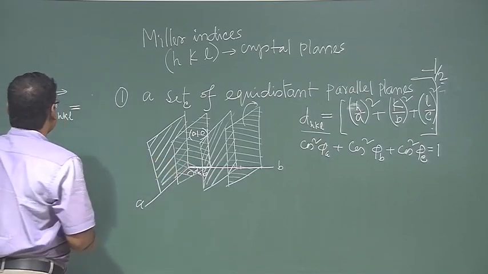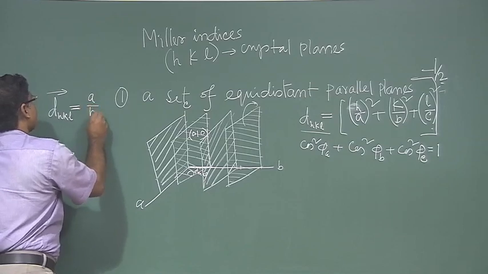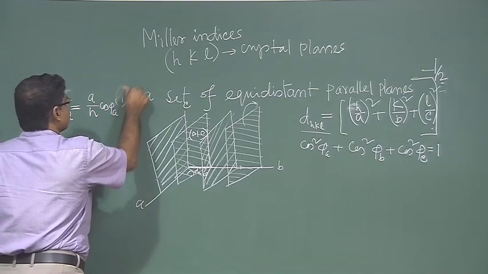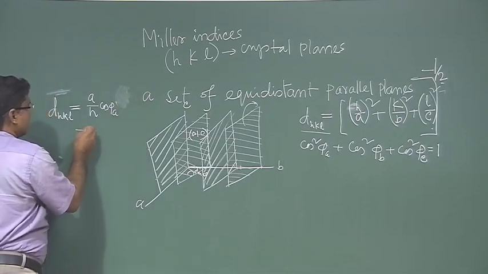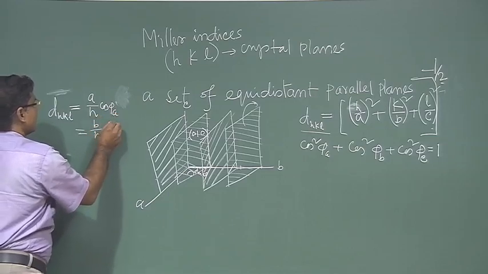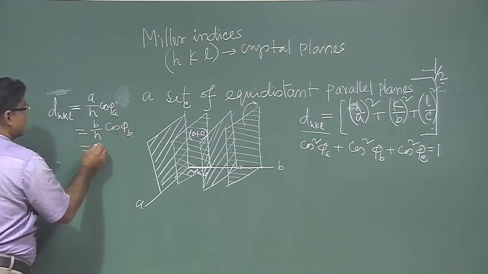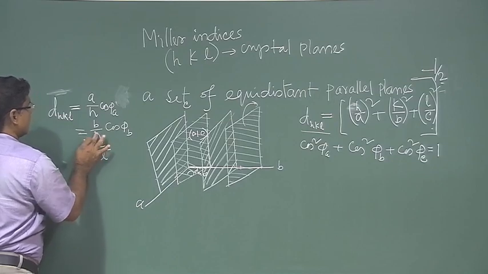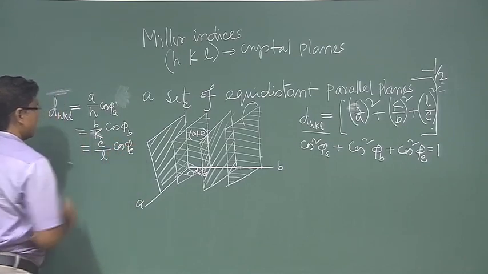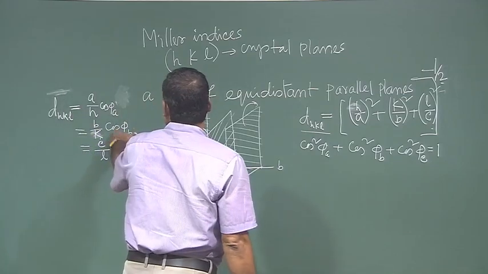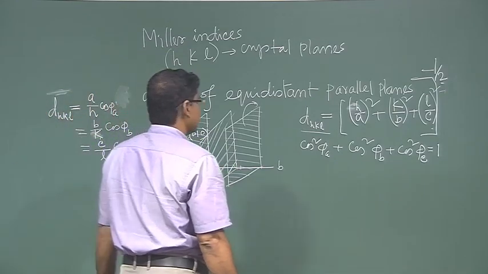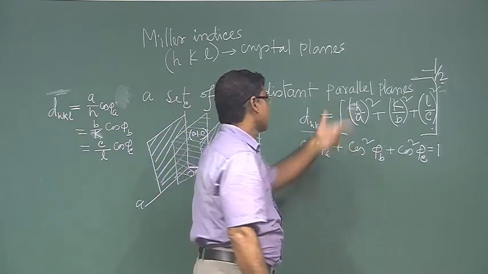If it is phi a, then d h k l will be a by h cos phi a, and along the b axis, if the angle is phi b, then b by k cos phi b, and c by l cos phi c. So from here one can get cos phi a, cos phi b, cos phi c in terms of d h k l, a b c and the Miller indices, and from this relation one can find it out.